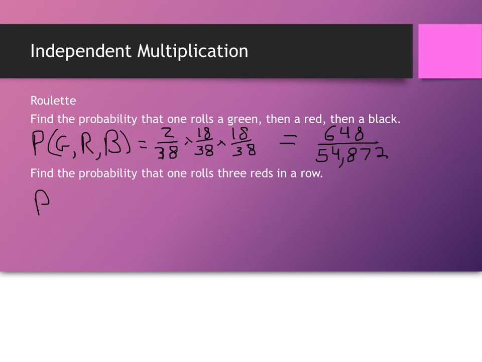Now the probability that you roll 3 reds in a row, red, red, red. Well, again, red on the first one is 18 out of 38. Second, 18 out of 38. And third, 18 out of 38. Multiply those.